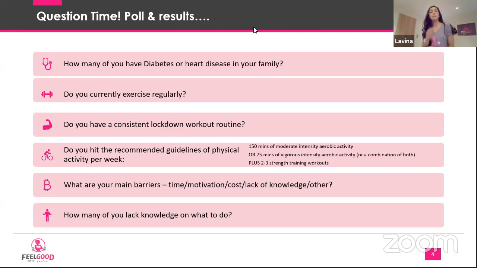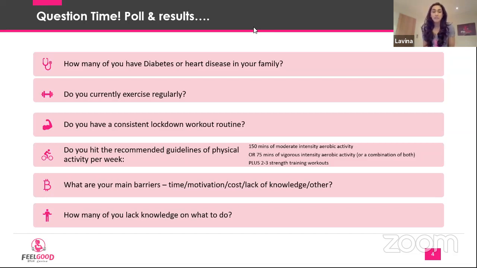The government are going to be announcing some slight changes today, I feel, in terms of maybe easing off restrictions, but I still feel the majority, especially our seniors and everyone, will still have to stay at home. So I would really love to get these figures up a little bit more over the next few weeks, with a lot more of you exercising, hopefully, after you've listened to my talk today.